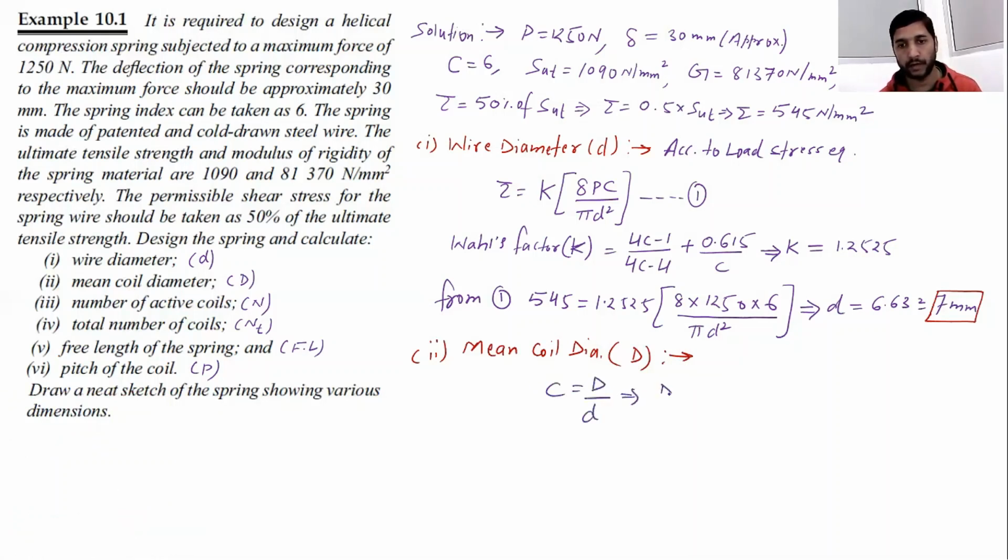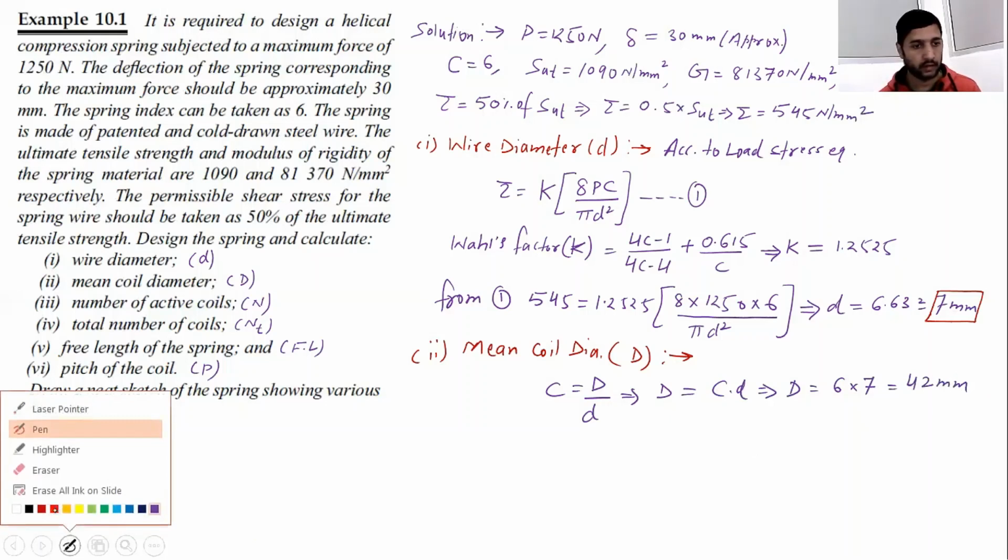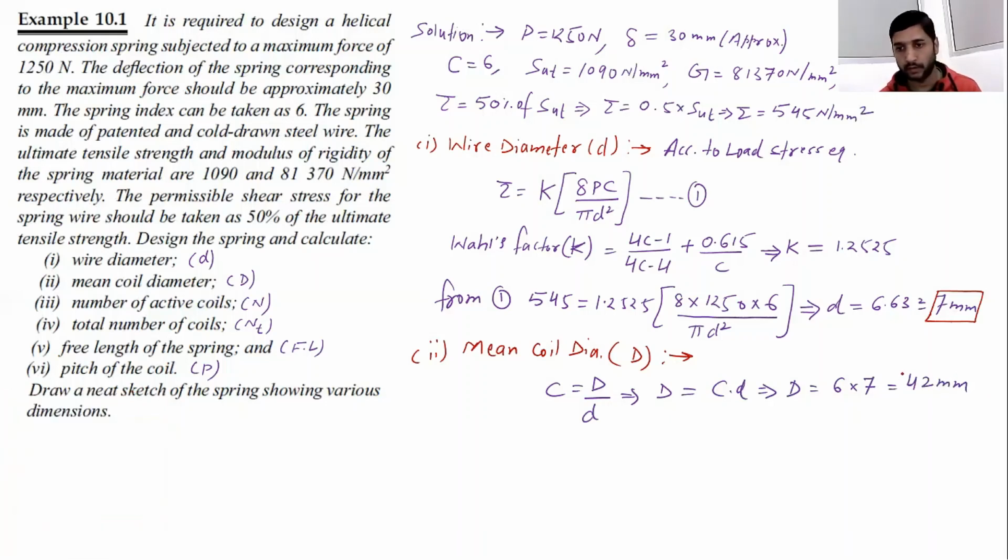So from here we will easily find capital D as C into d, which will be equal to 6 into 7, where 6 is the spring index and 7 is the wire diameter, so it will be 42 mm. See how the things are now very easy for us in order to find out the values. So the mean coil diameter has also come. Now the number of active coils.